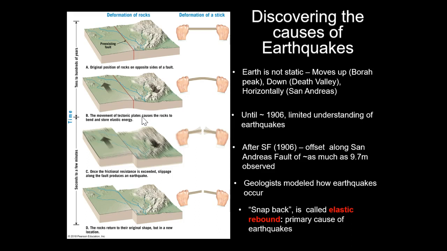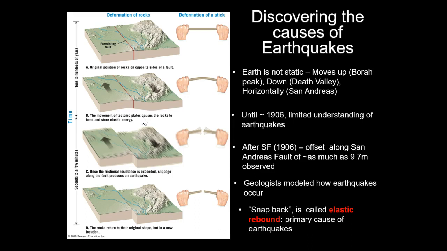So overall, the actual mechanism of earthquake generation was unknown until H.F. Reid conducted a study following the 1906 San Francisco earthquake, which was so devastating that Reid felt compelled to do something about this.